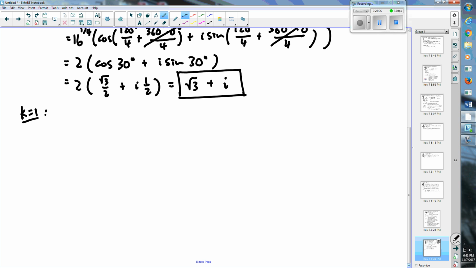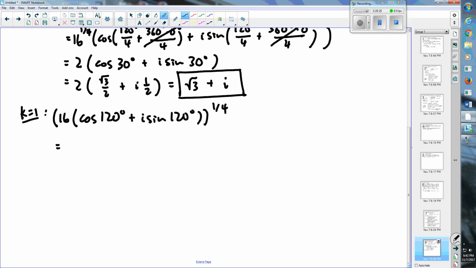Let's try k equal to 1. Starting the same way, we have 16 times the cosine of 120 degrees plus i times the sine of 120 degrees, all raised to the 1/4 power.